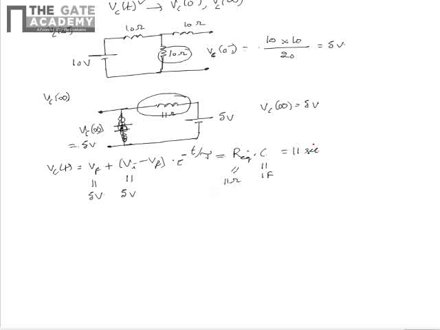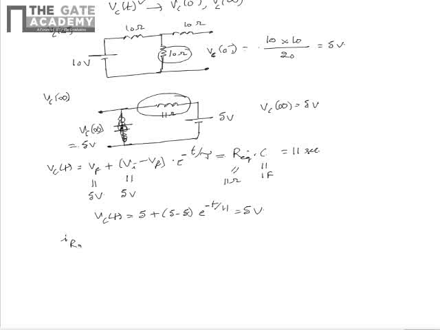This can be written as 11 seconds. From this we see that Vc of t is equal to 5 plus (5 minus 5) multiplied by e power minus t by 11, that is equal to 5 volts.